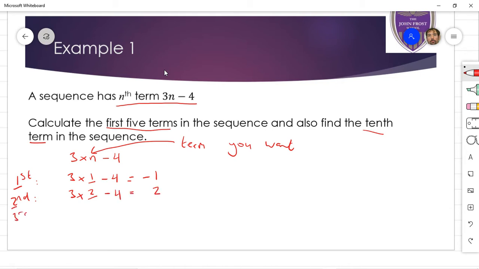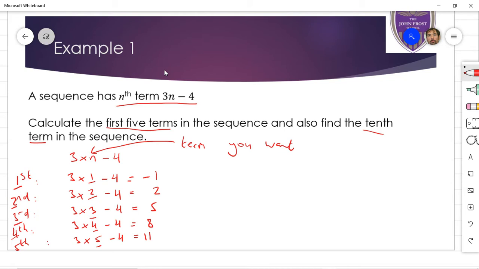The third term will be 3 times 3 minus 4, which is 5. The fourth term is going to be 3 times 4 minus 4, which is 8. And the fifth term is 3 times 5 minus 4, which is 11.